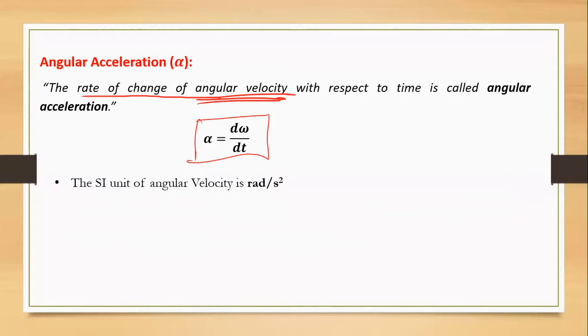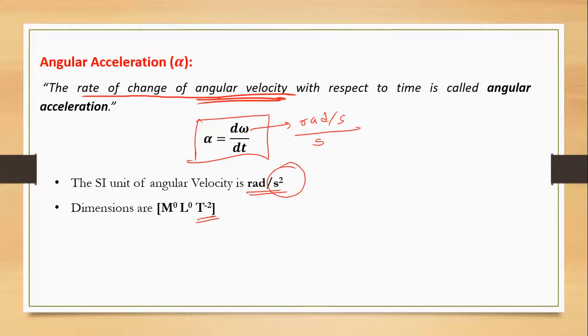Now the unit: for omega it is rad per second, divided by the unit for time, second. So we get rad per second square as the unit for angular acceleration. The dimension is t raised to minus 2, because second raised to 2 is coming in the denominator, and second means time.